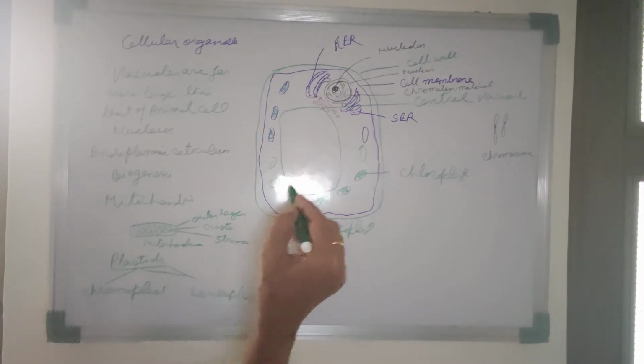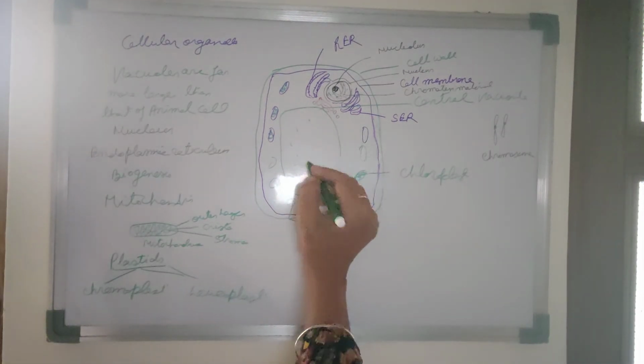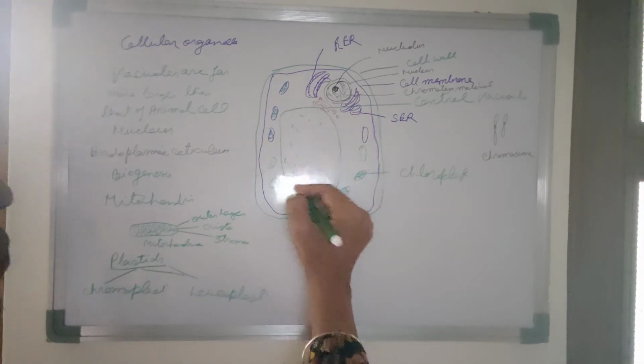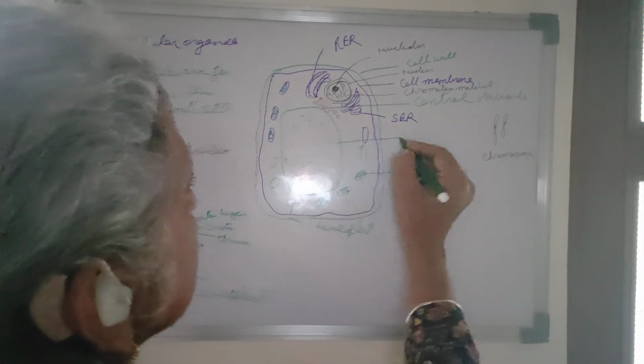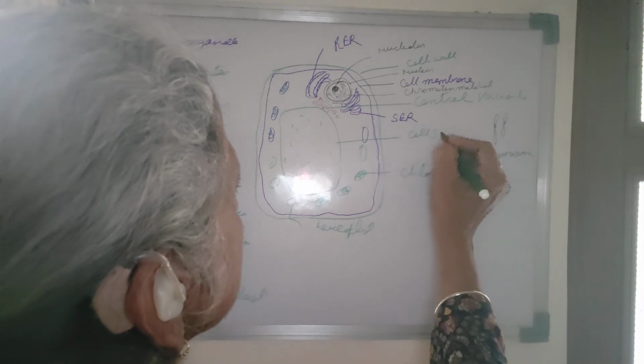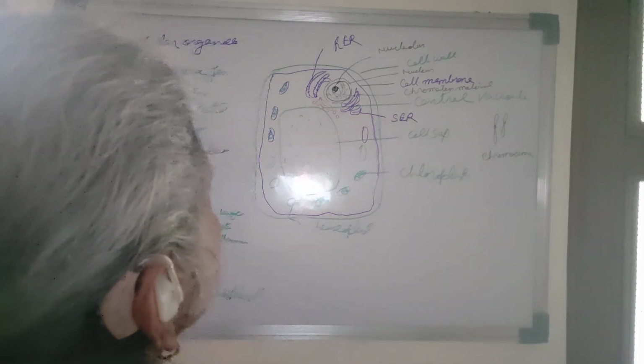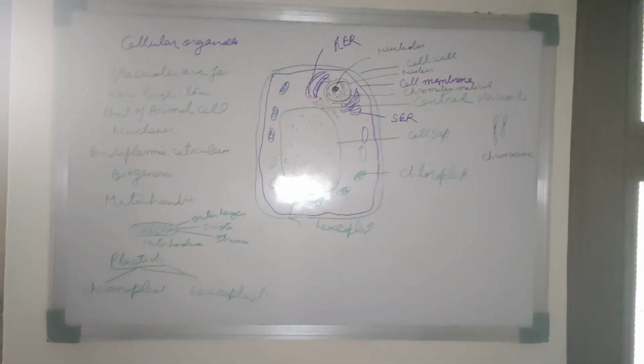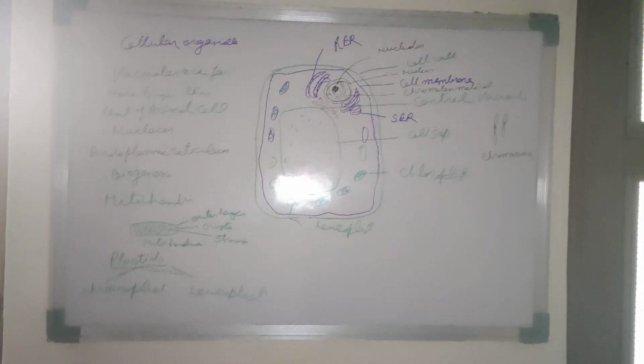Then it is cell sap. This is all about the structure of the plant cell. So what are the differences between plant and animal cells?